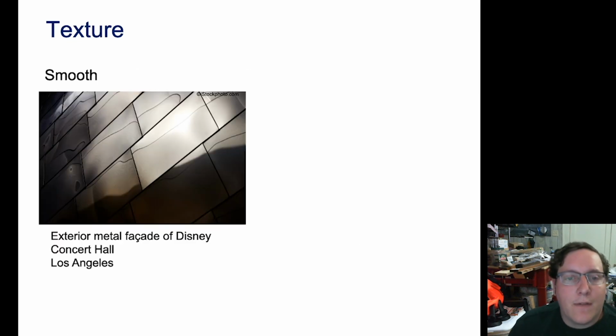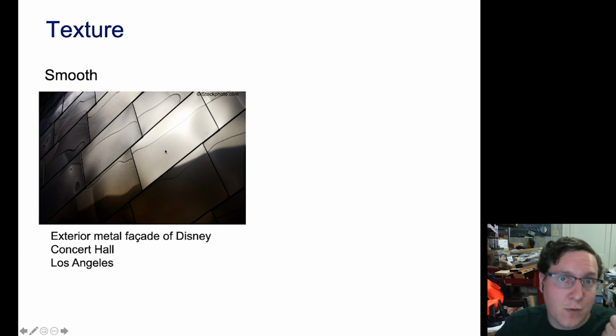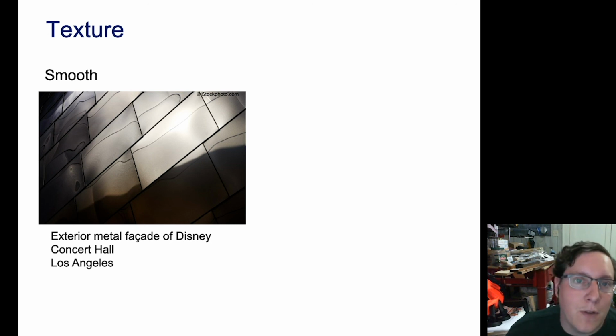Now, in real life, a metal facade on Disney's Concert Hall in Los Angeles uses kind of sheet metal for its facade. So we know that it's going to be reflective, it's going to be well lit. We know that it's going to appear smooth. We're not seeing any rough edges to it.